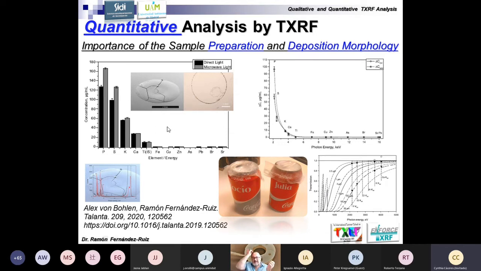What is important here? That the deposition is important, and also that the quality of the results depends on the sample preparation.